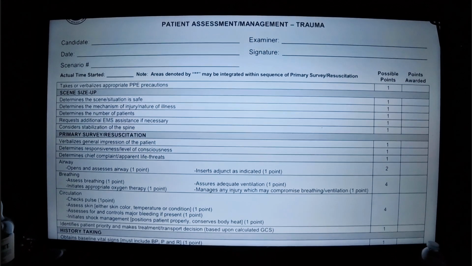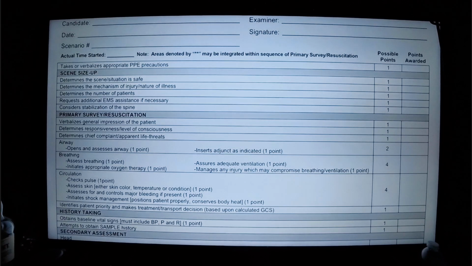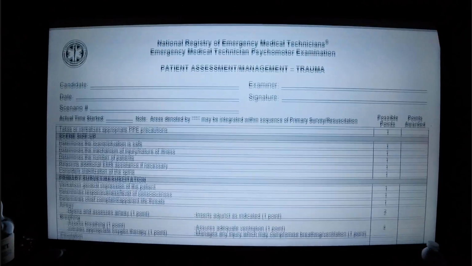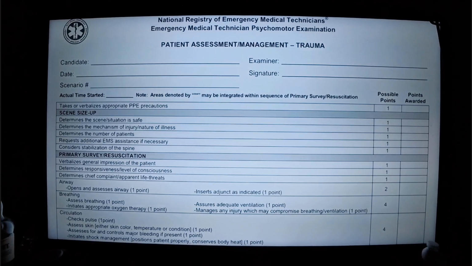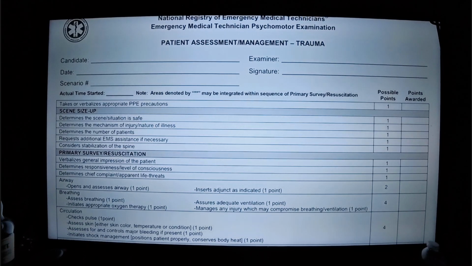So we're going to start with the first part, which is this part, right? Keep in mind this is for testing purposes, but I'm going to focus more on the real life stuff.